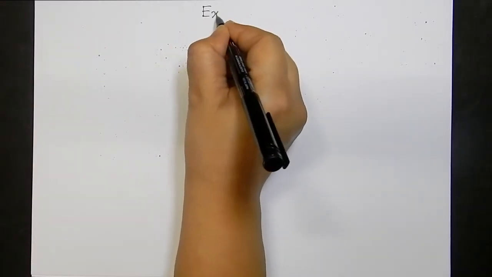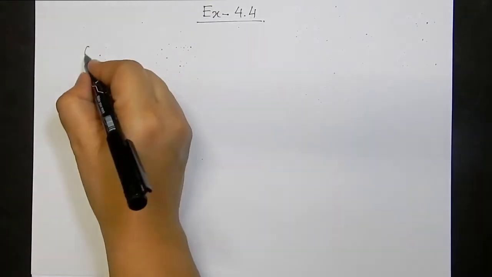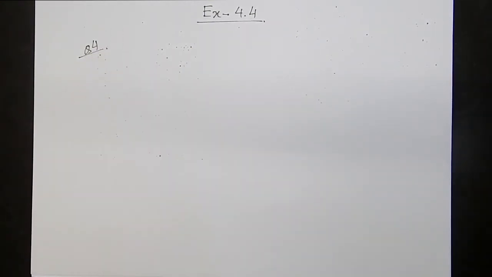Next we will do question number 4 from exercise 4.4. Find the greatest number which can divide 257 and 329 so as to leave a remainder 5 in each case.